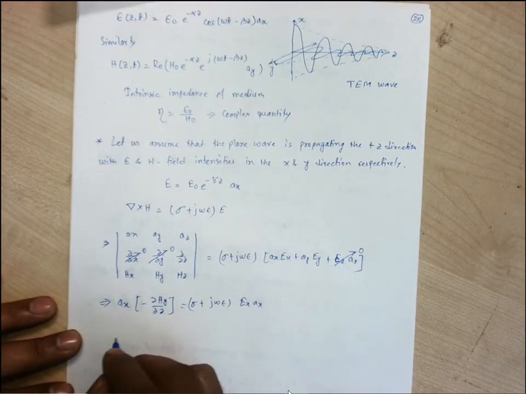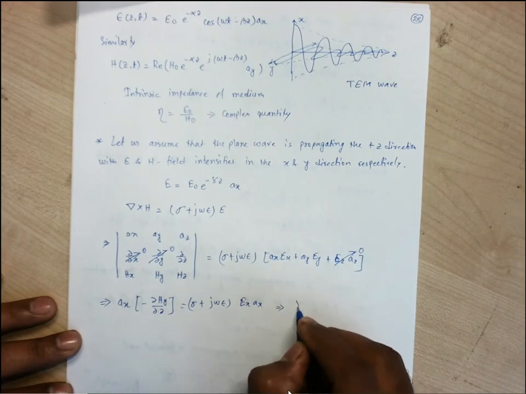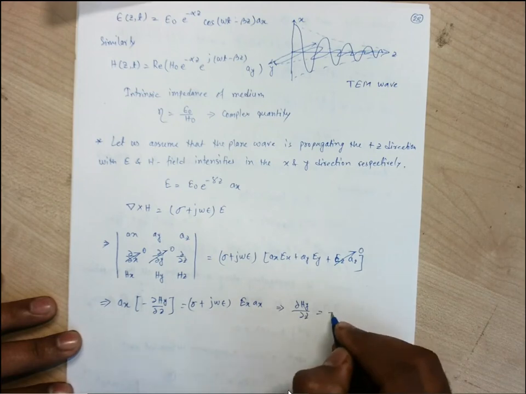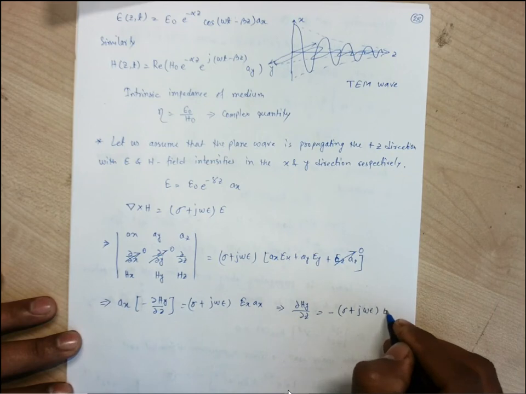From this we can find del hy by del z is equal to minus of sigma plus j omega epsilon into Ex.